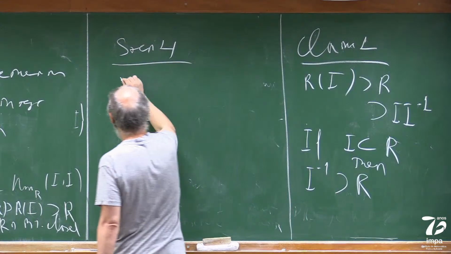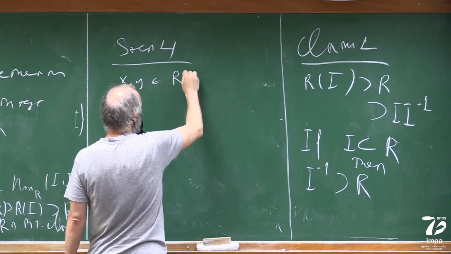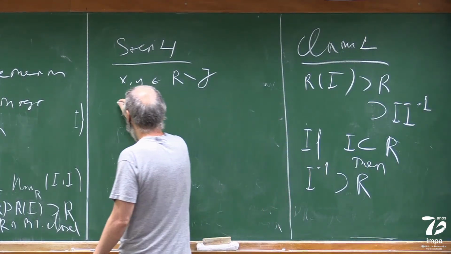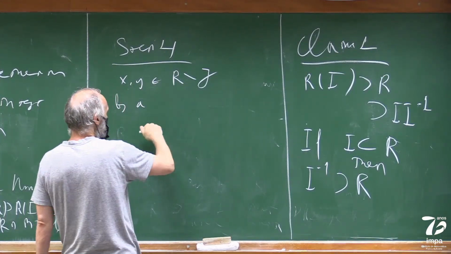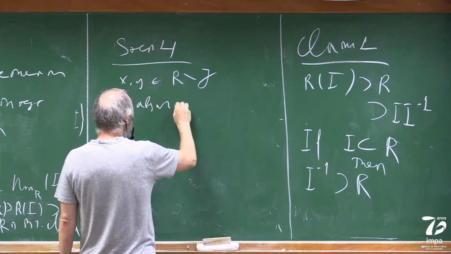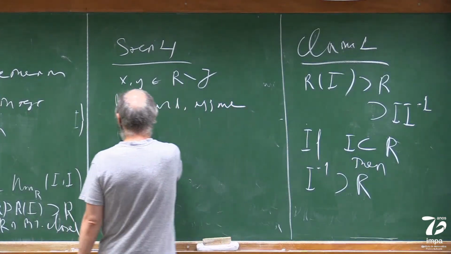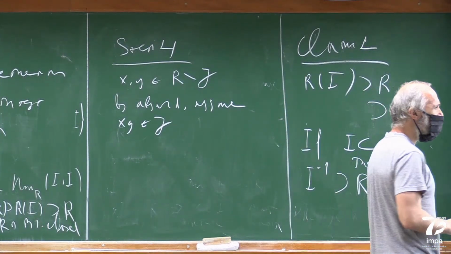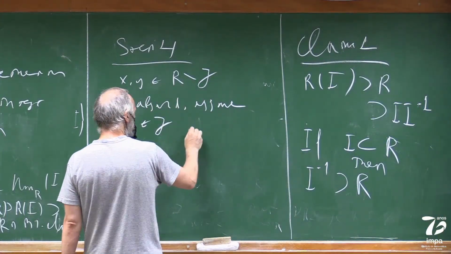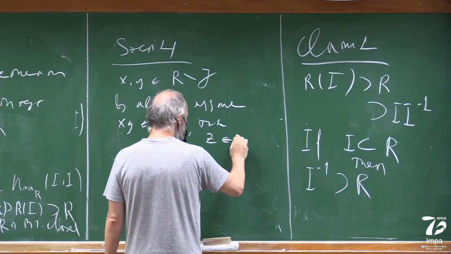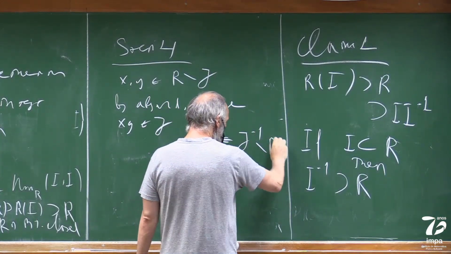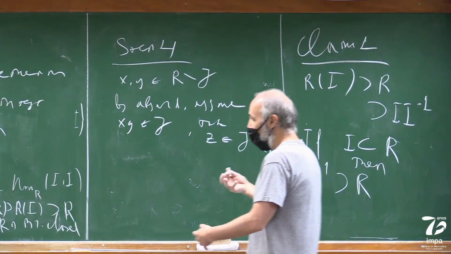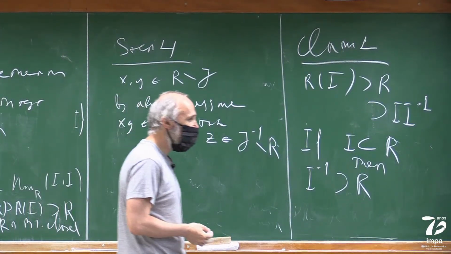So you have X and Y inside R without J. We are going to prove that the product is not in J, so by absurd, assume that XY belongs to J. And then take Z inside J inverse without R. We know that J inverse is strictly bigger than R. This is because J is chosen in S, a maximal element in S.